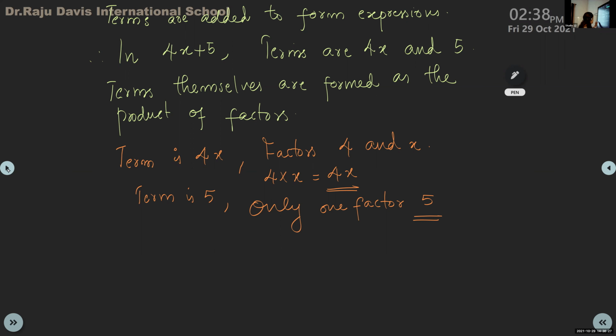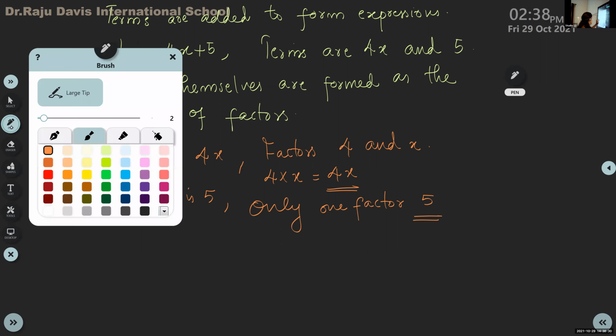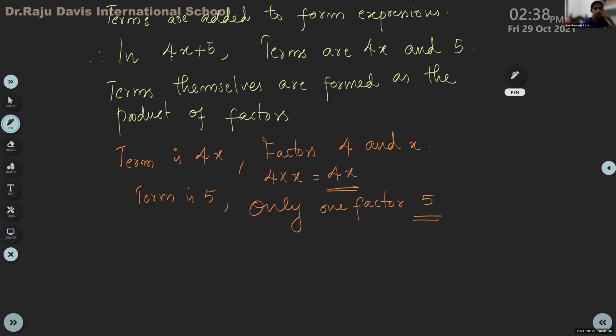Then what about coefficients? In a term, other than the variable, you can see one number. That is known as the numerical coefficient or simply coefficient. Clear, children? Yes, ma'am. Okay.